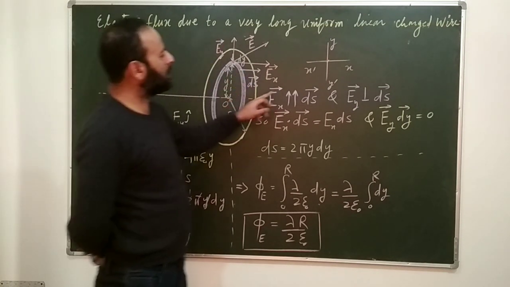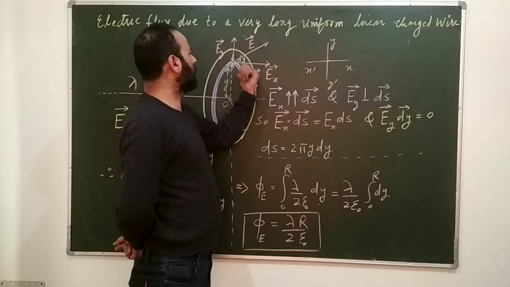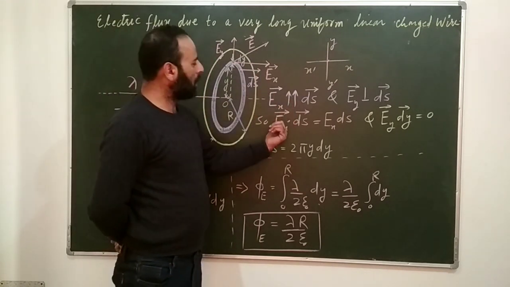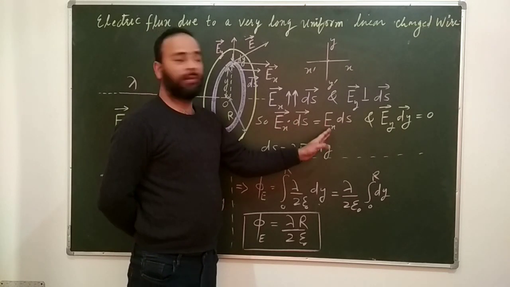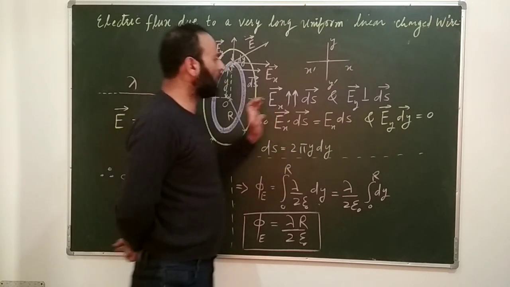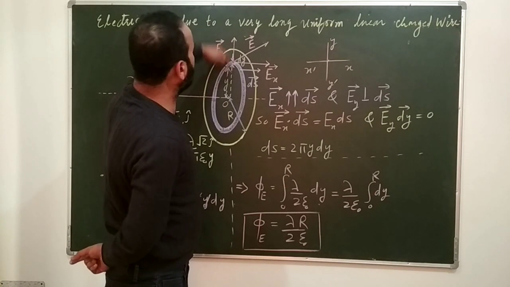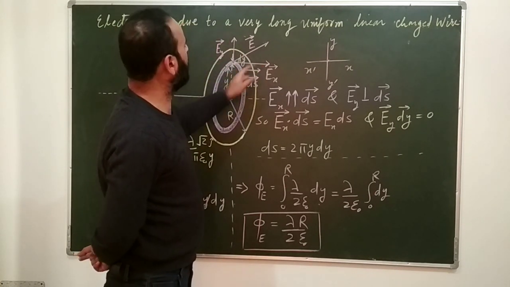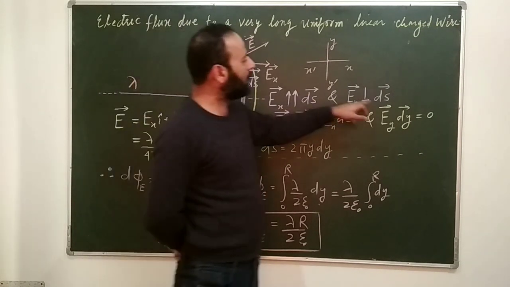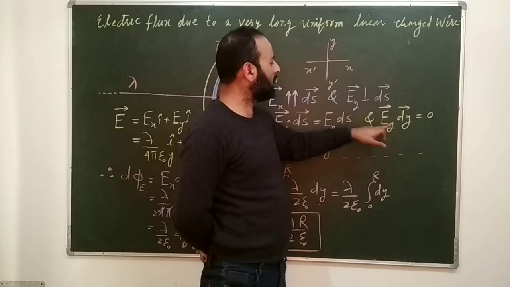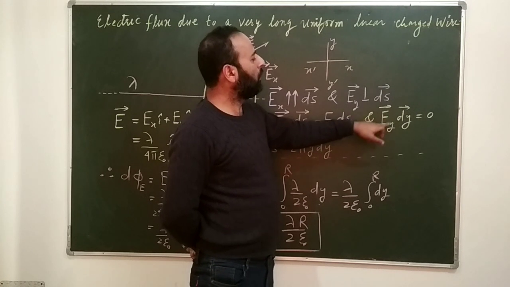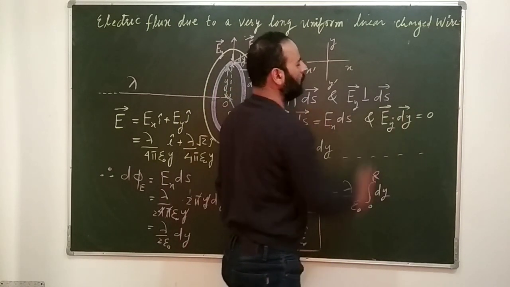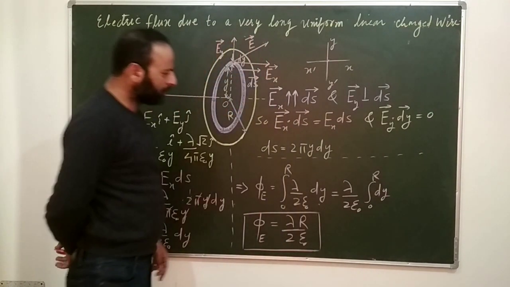Since Ex is parallel to the area vector of the ring element, that is ds, the dot product of Ex and ds will be simply Ex ds, whereas Ey is along the plane of the ring, or perpendicular to the area vector of the ring element. So Ey is perpendicular to the ds vector, so Ey dot ds is equal to 0, right?